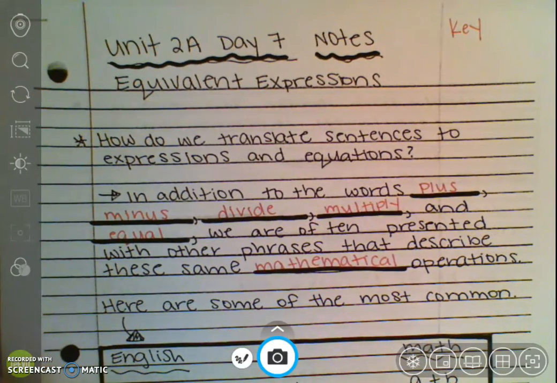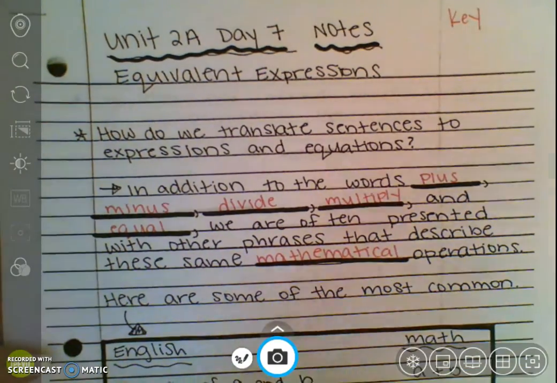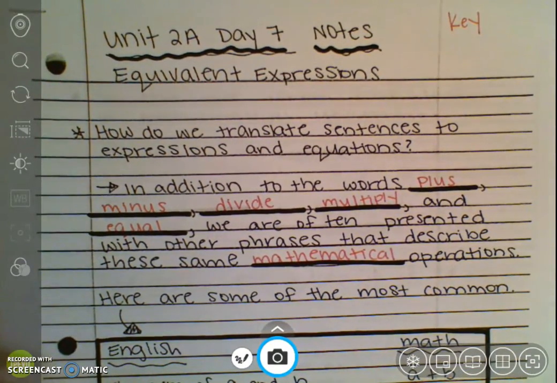So below is a chart of the most common. As I'm going, if you need more time, just pause the video and then move on. So here are the most common.